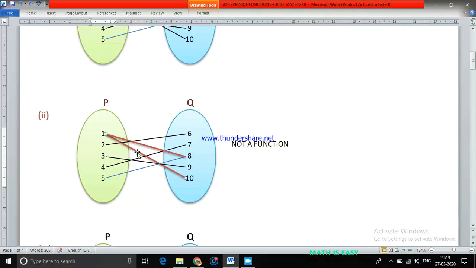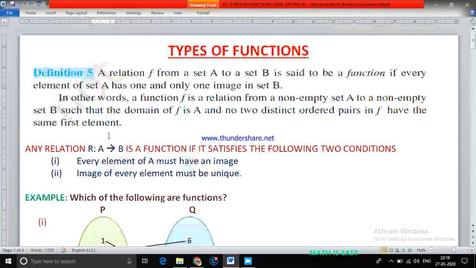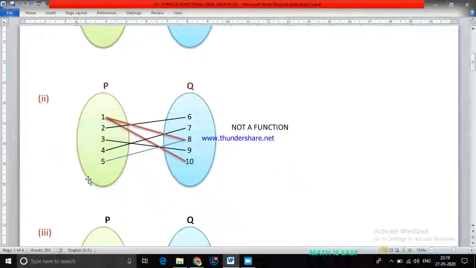So from set P, the element 1 has two images. It violates the second point; it is not following the uniqueness. It has more than one image, so hence it is not a function.